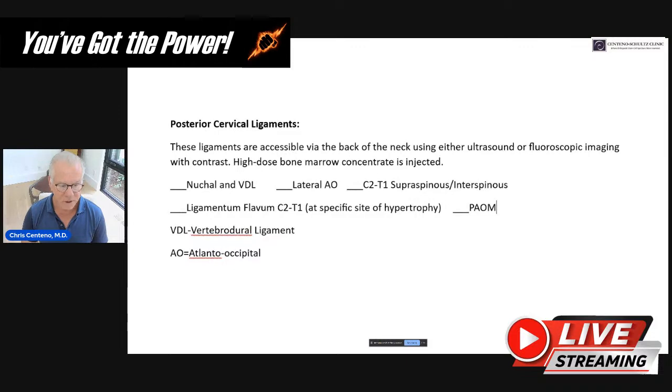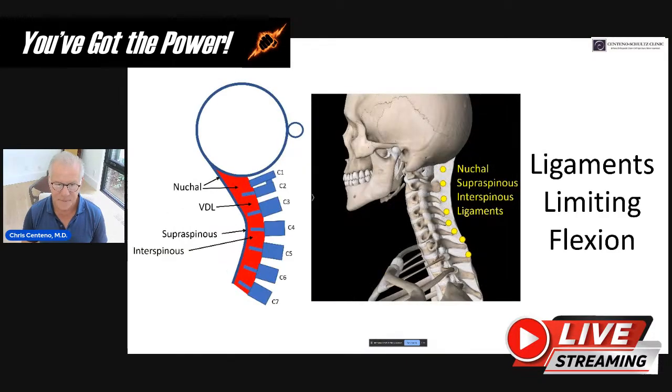Then we've got the posterior cervical ligaments. And so as we talked about before, the more superficial ligaments here are going to be things like the nuchal ligament. So we have here the nuchal ligament up top, the vertebral dural ligament next, supraspinous and interspinous ligaments below that.